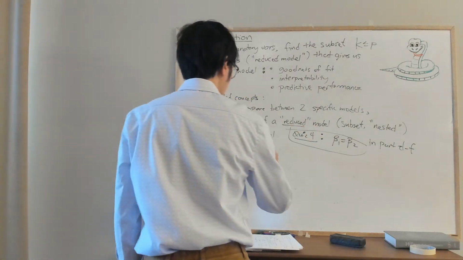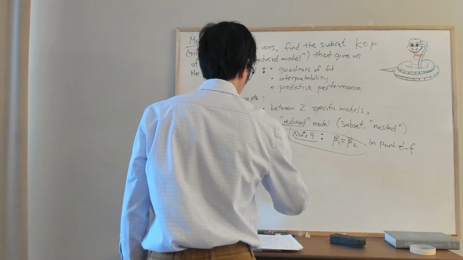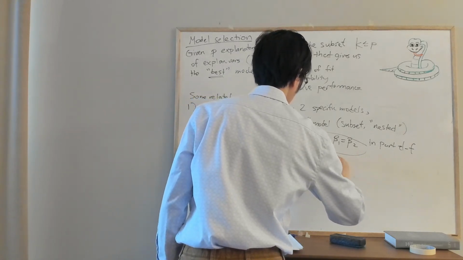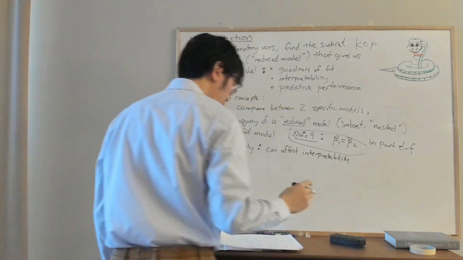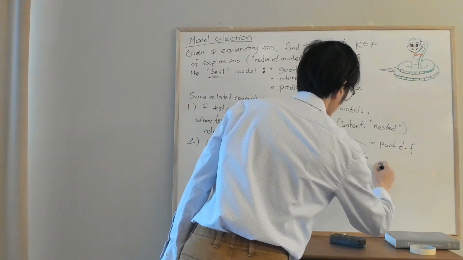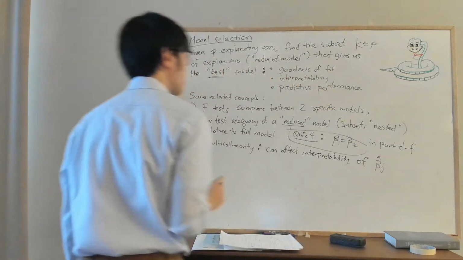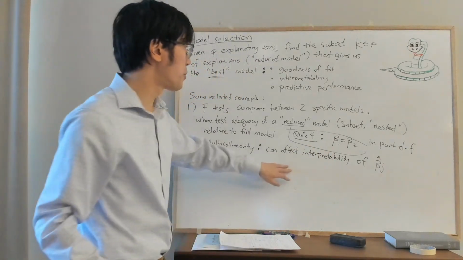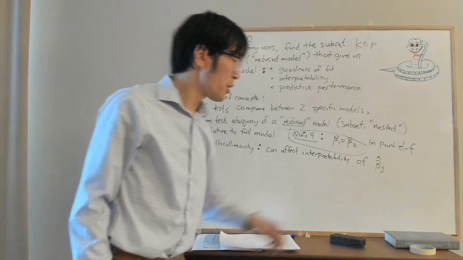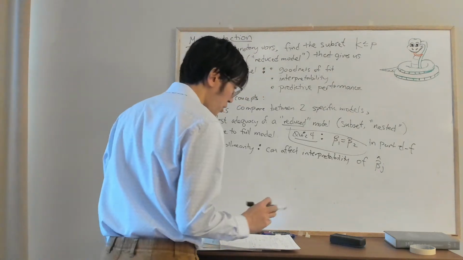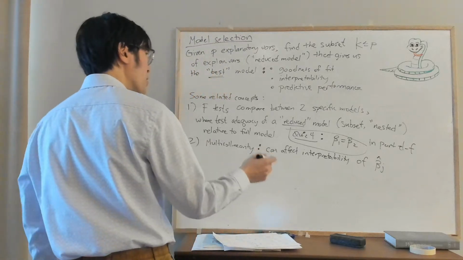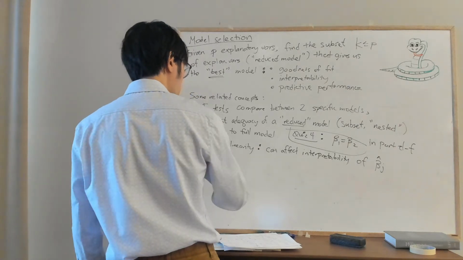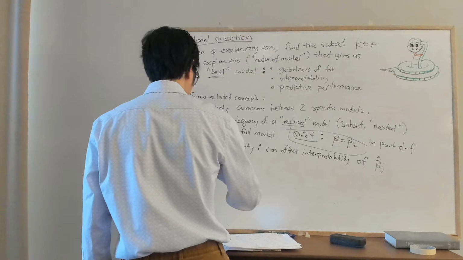Okay, so let's make this point as well. So this can affect interpretability of, say, your estimate beta hat j. And why is that? Well, because when we interpret our regression estimates, if two predictors are highly correlated, then our usual interpretation, what do we usually say?